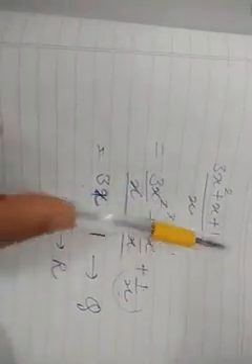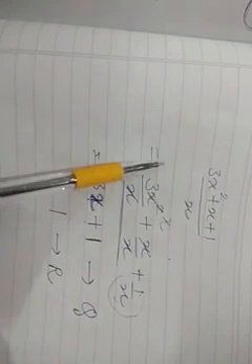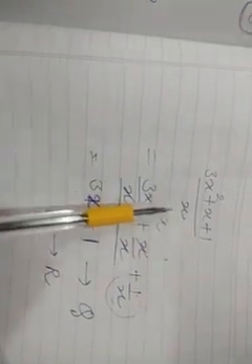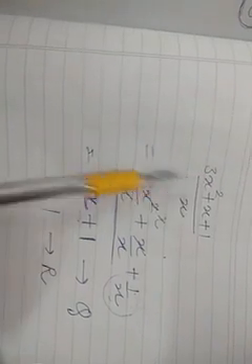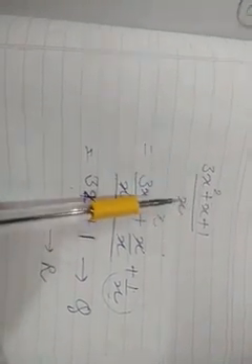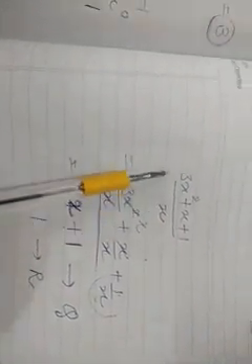Now you will ask how this is possible. So these types of questions you can do easily by long division of polynomials. You can divide one polynomial by another polynomial, and then you can find its quotient and remainder.